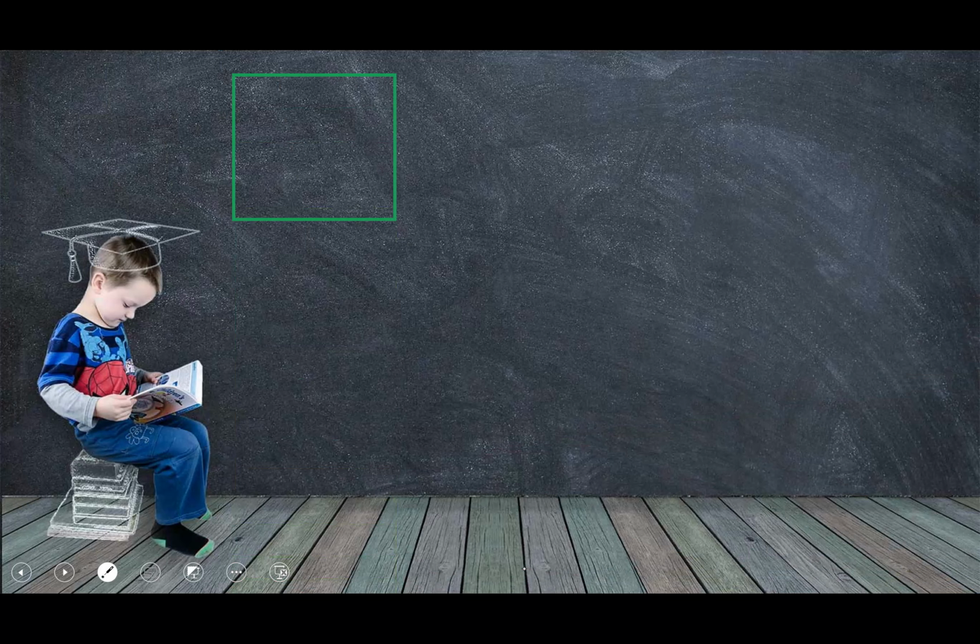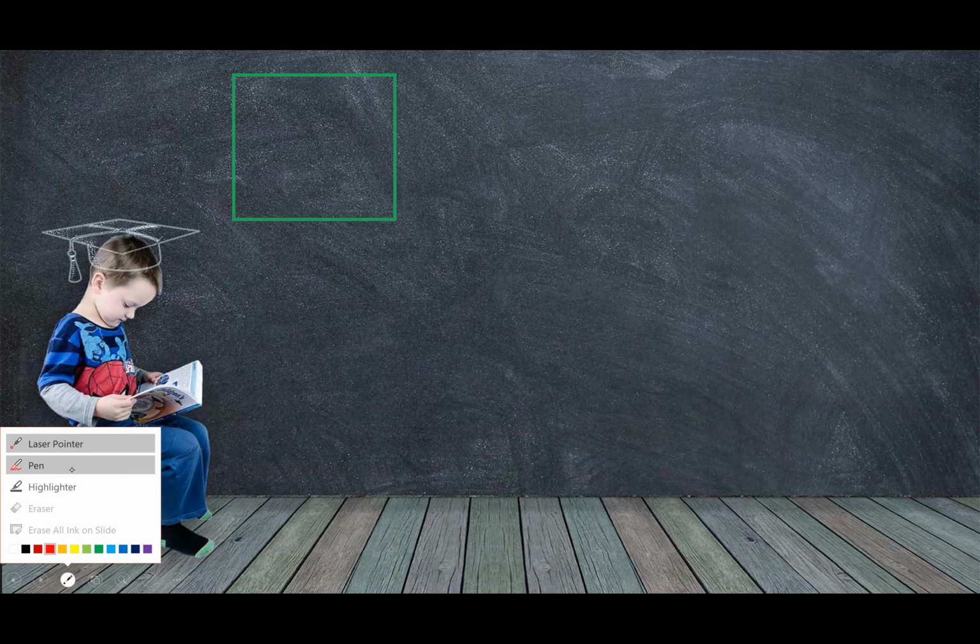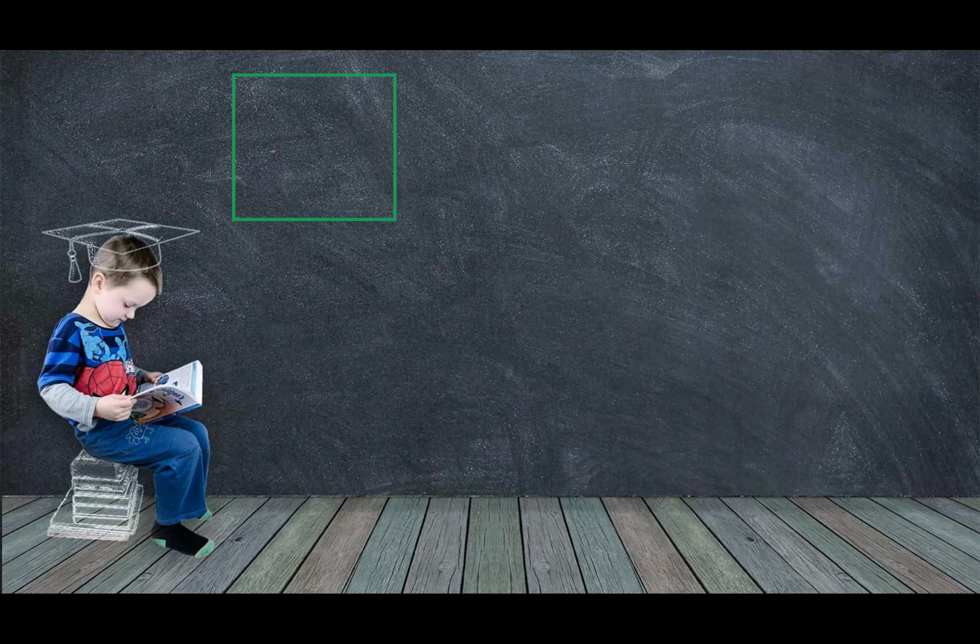Now here, can you tell me what shape this is? Bravo, it's a square. How do I know it's a square? I know a square has 4 equal sides. You can see here 1, 2, 3, 4. All the sides are equal and it has 4 vertices. 1, 2, 3, 4.